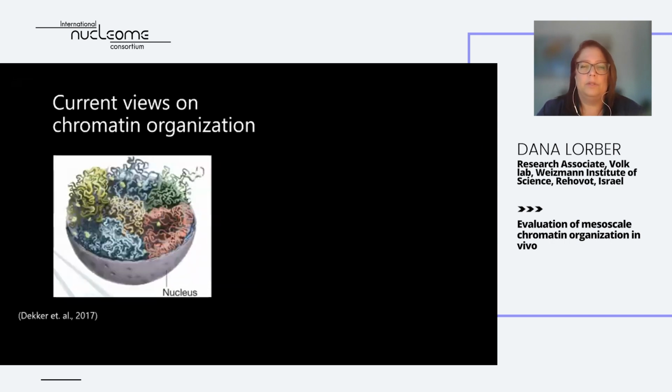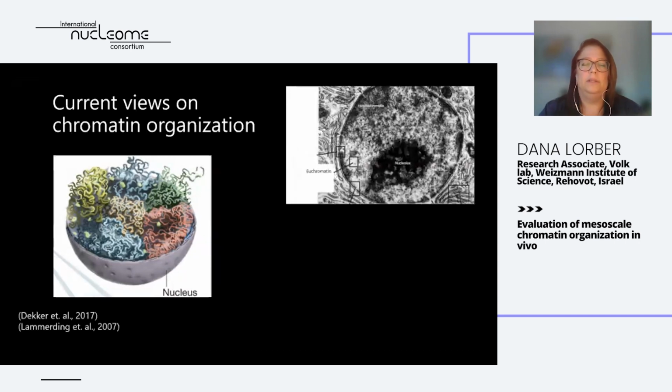The prevailing views suggest that at the mesoscale level, chromatin fills the entire volume of the nucleus, like a bowl of spaghetti or ramen. It is also accepted that heterochromatin, the repressed part of the chromatin, is found at the nuclear envelope, and that euchromatin, the active parts, is found at the center of the nucleus.